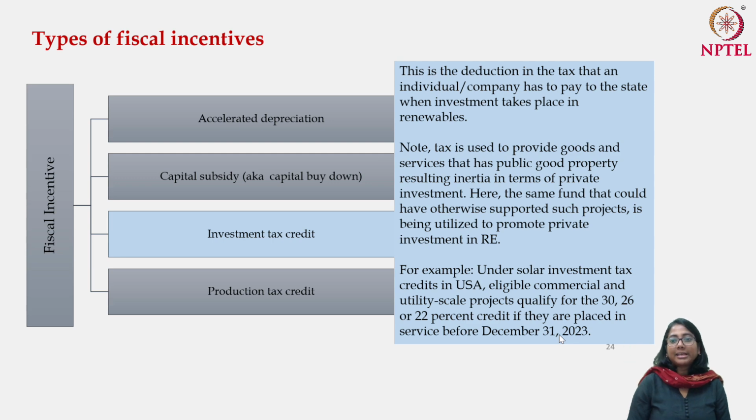For the current cycle, they have to be placed in service before December 31, 2023, and if they can do that, they'll get the tax credit of 30%, 26% or 22%. So we can see that the capital subsidy and the investment tax credits are designed in a manner so that investors are more inclined to invest in renewable energy projects.